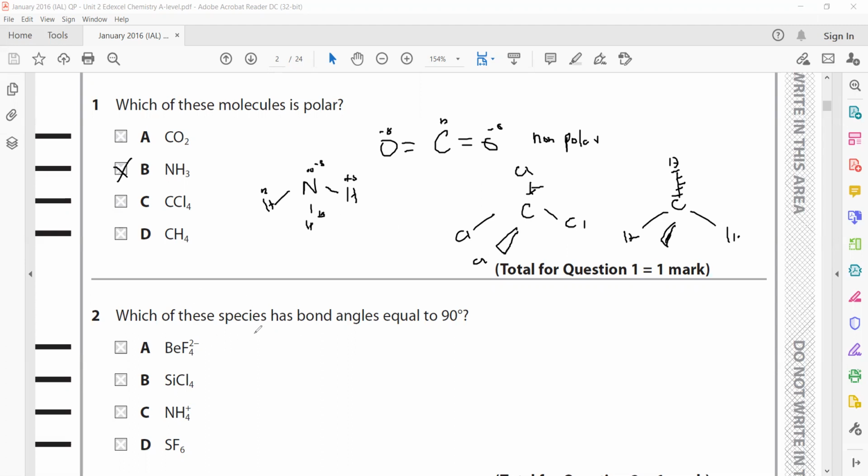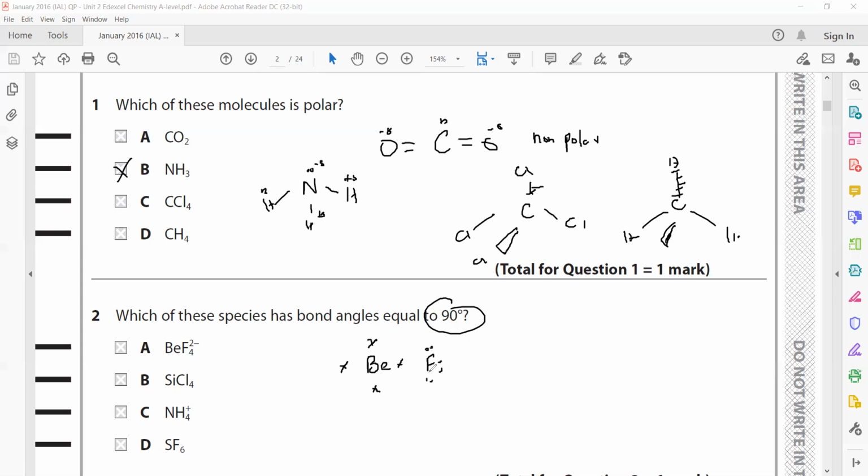In question 2, which of these species has a bond angle equal to 90? So when we draw the structure of beryllium tetrafluoride, with the charge of -2, Be has 2 electrons and 2 extra electrons are there.